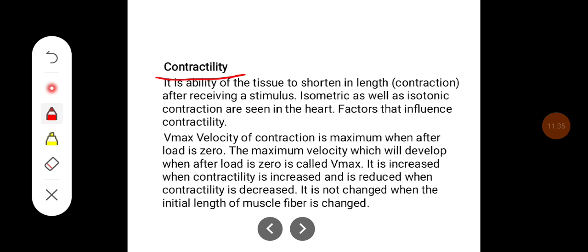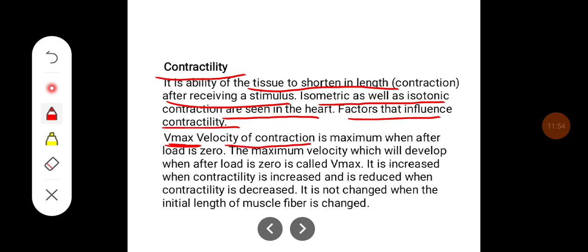Contractility is the ability of a tissue to shorten in length, that is contraction, after receiving a stimulus. Isometric as well as isotonic contractions are seen in the heart, and a factor that affects the contractility is the Vmax. Vmax is the velocity of contraction, which is maximum when afterload is 0.